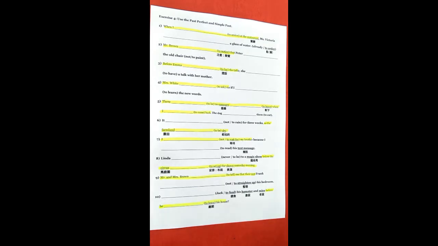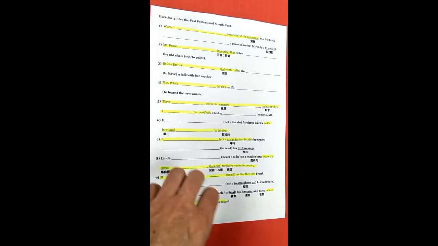Let's color the verbs. Each sentence has two actions, two verbs.